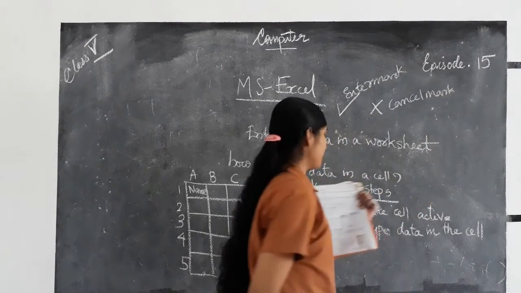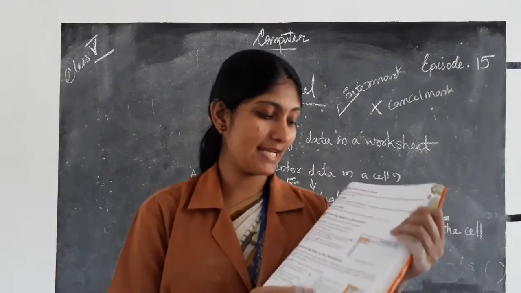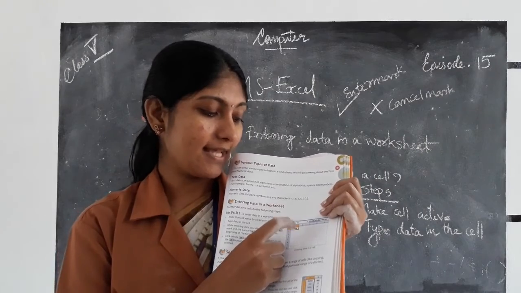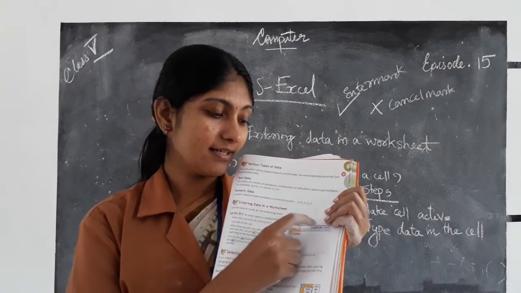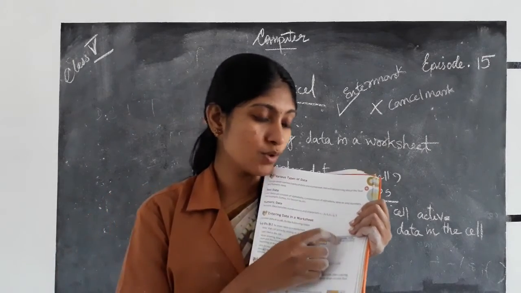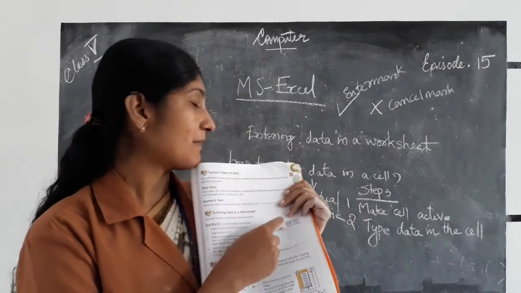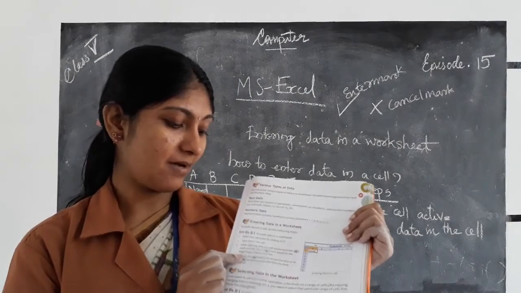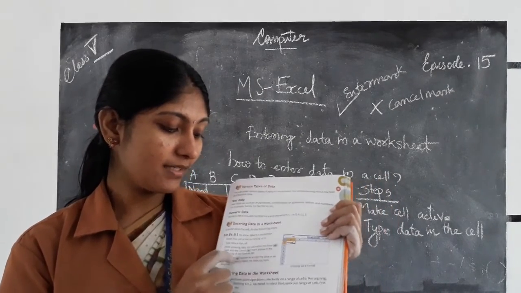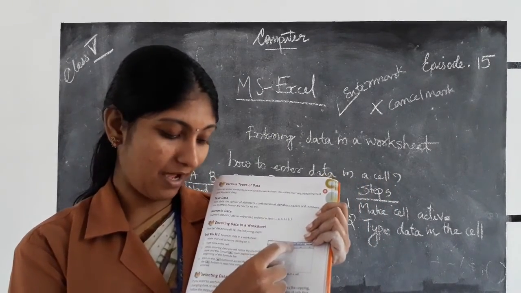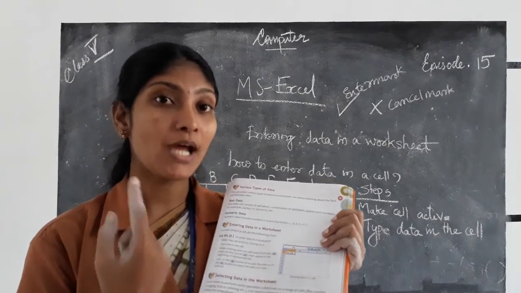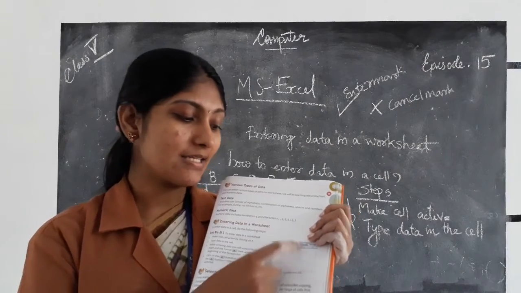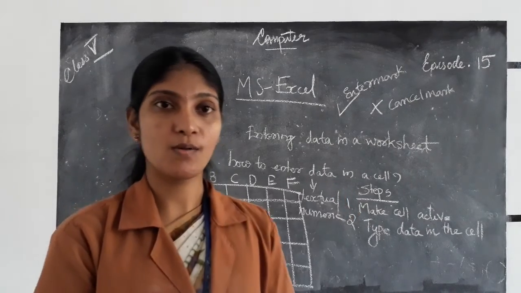Look at the picture on page number 87. When we type the name in cell A1, there are two commands, the enter mark and the cancel mark. Click on the tick mark, the enter mark, to accept the data, or if you want to cancel that data you can click the cross button.